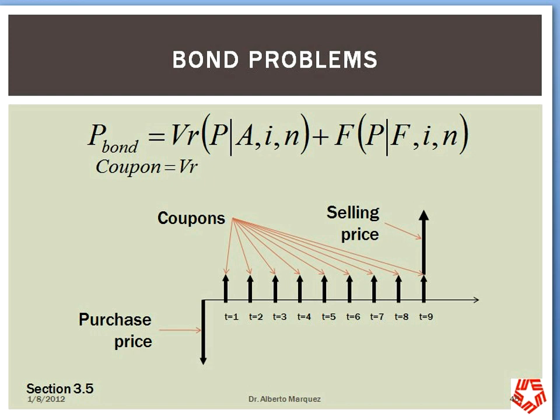That could be the face value, it could be something else, times P given F. It's only one single time that we're going to receive this amount, discounted at the yield rate and the number of periods left till maturity. So with this formula we can solve a problem about bonds. Let's try it.